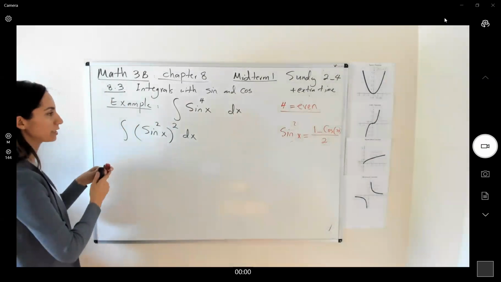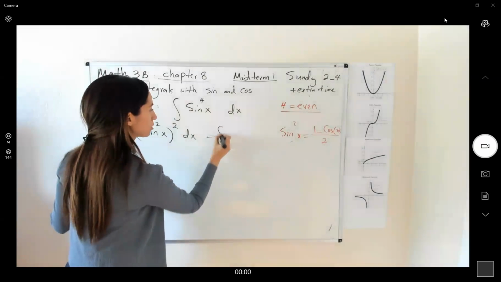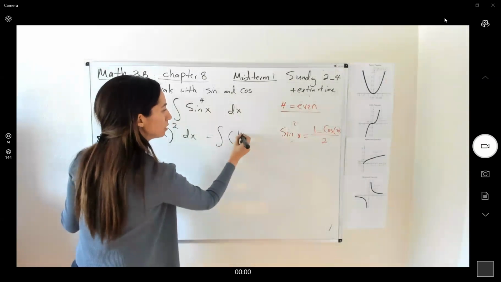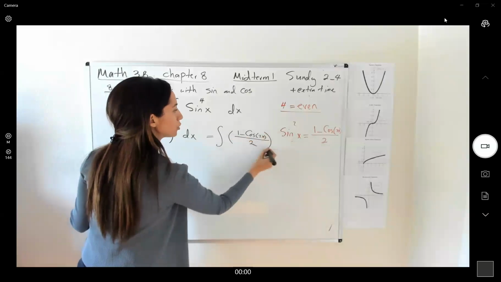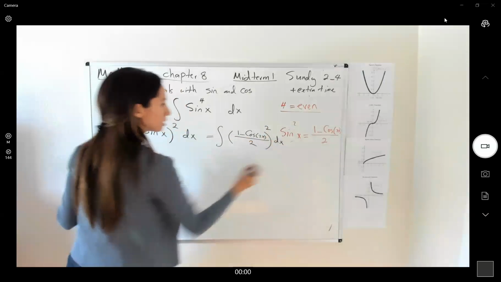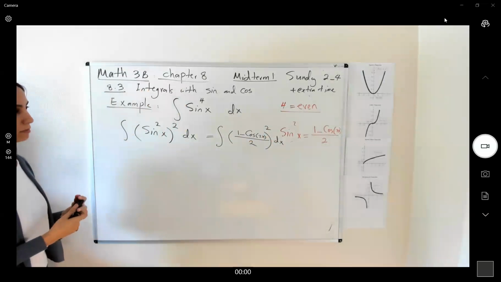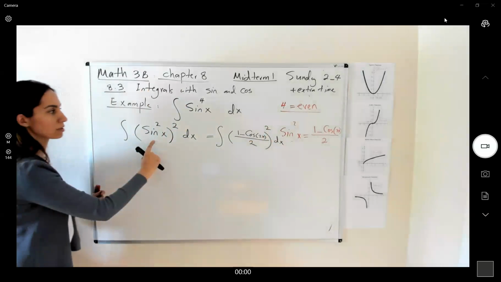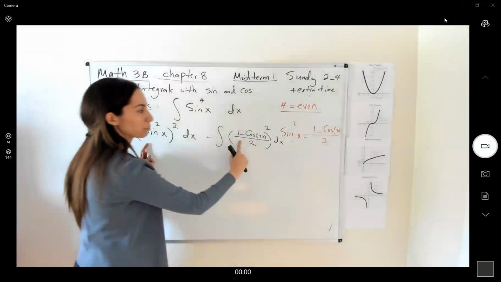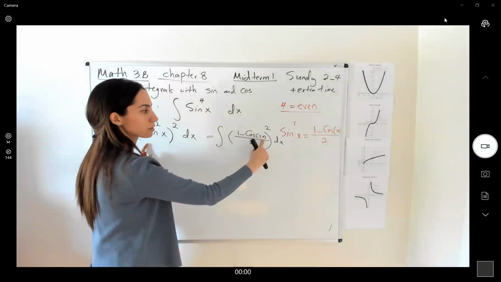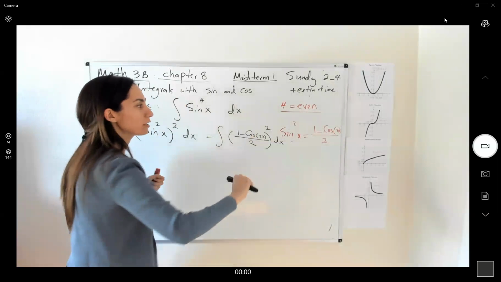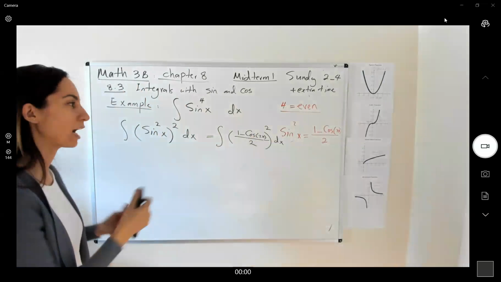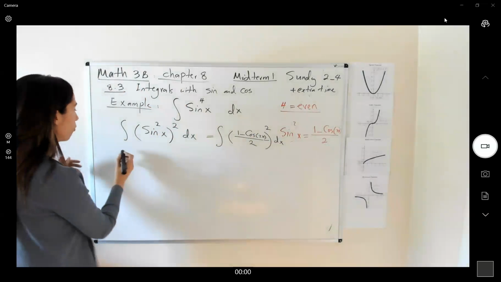So this integral can be written as the integral of 1 minus cosine 2x divided by 2, raised to 2, dx. Sine squared can be written as 1 minus cosine 2x divided by 2. Okay, let us raise it to 2, see how we can simplify this more.